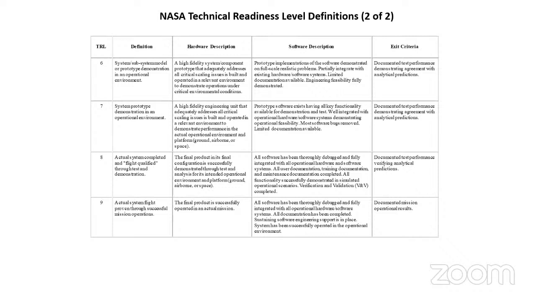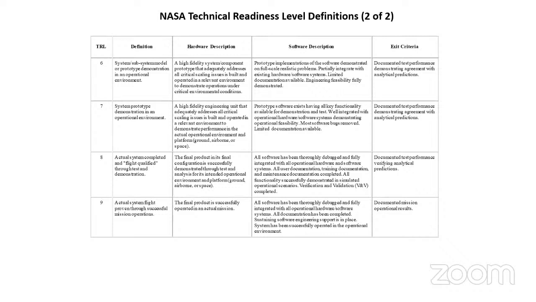The last one that we have is actual system proven through successful mission operation. The hardware description is that the final product has successfully operated in an actual mission. The software description is that all software has been thoroughly debugged and fully integrated with all operational hardware and software systems. All documentation has been completed.